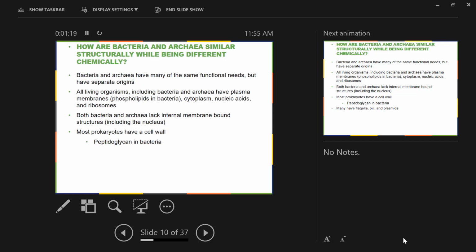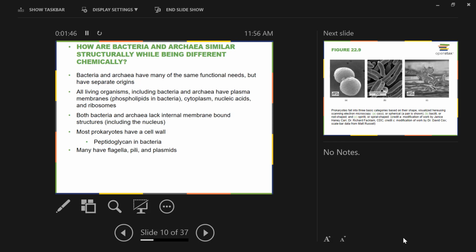Now, in bacteria, it is made of peptidoglycan. And in archaea, it is made up of a number of different chemical materials. So it's chemically very different. Their walls are very different than bacteria. But they oftentimes build a wall for the same reason, to provide additional safety for the cell.